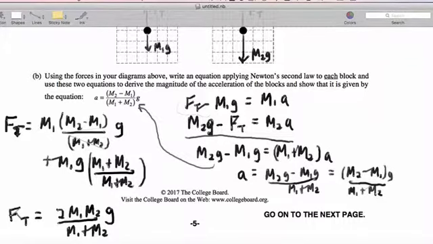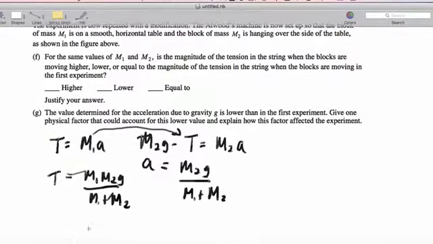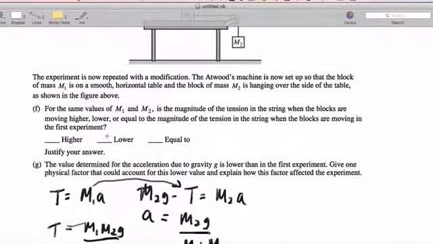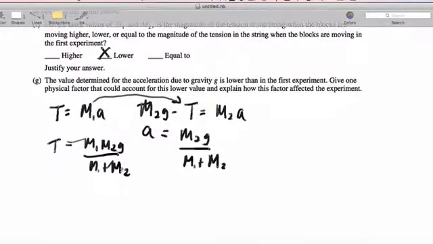So when we compare these two tensions, we're actually getting that the tension is lower in the second case. But let's actually talk about what this actually means. The real reason is that because M1's on the table, I don't know, for me, I would just actually just solve and prove it algebraically.